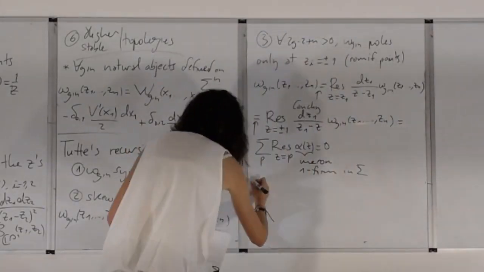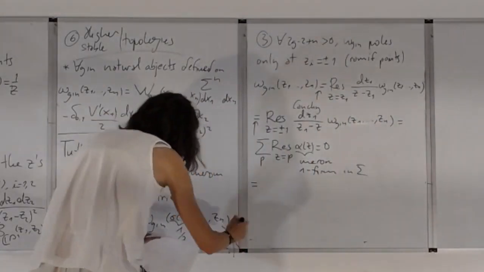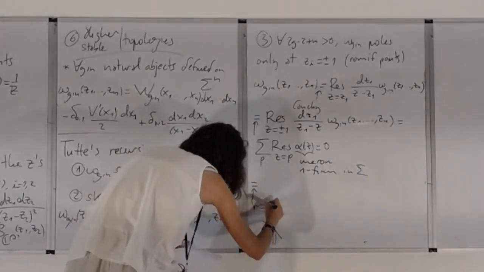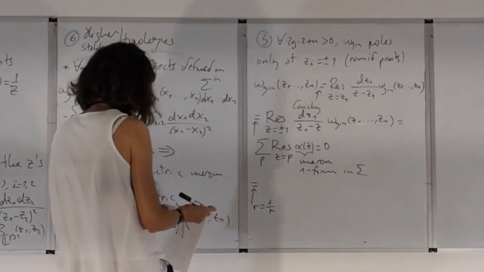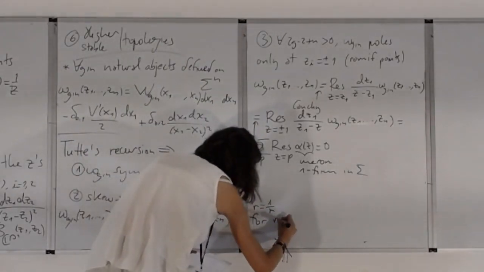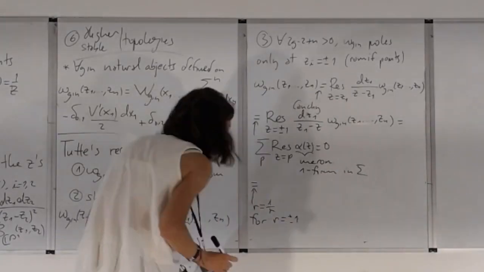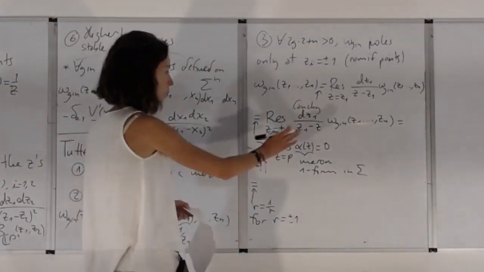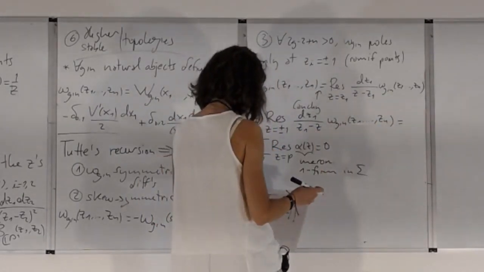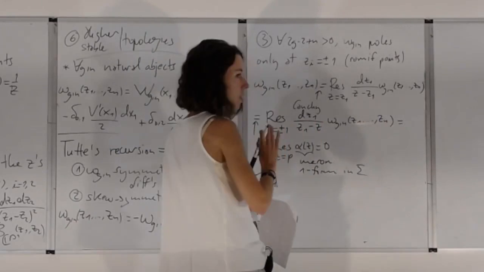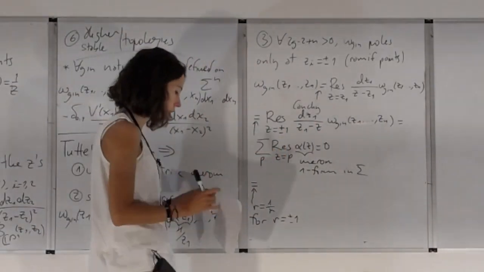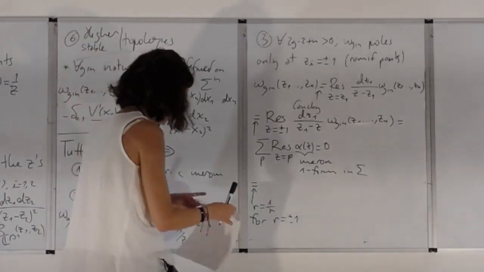Now we use something very easy. We just use that actually our ramification points have this property. So we can actually sum another term like this with 1 over z, and they will have the same residue, because we are taking residues at these points. Okay, so we can sum them and divide by 2.